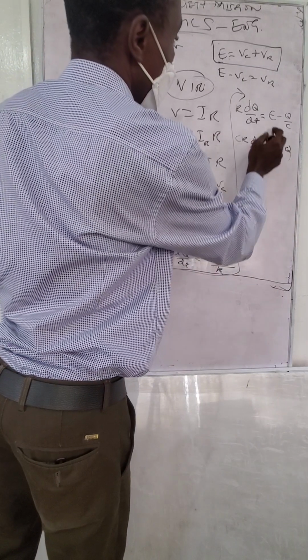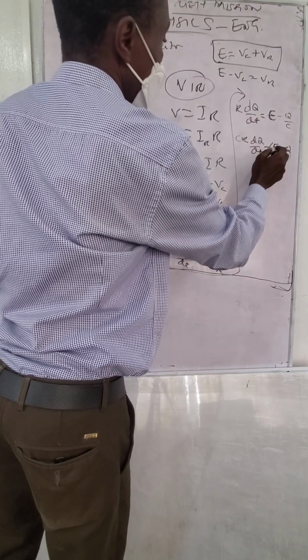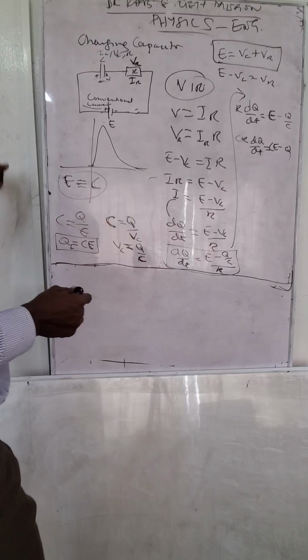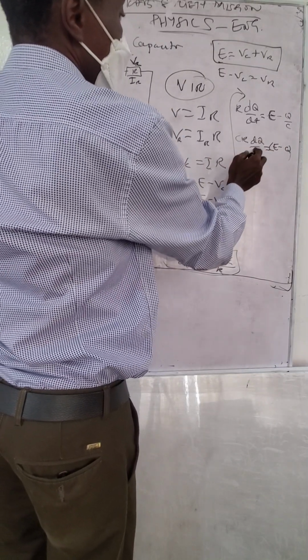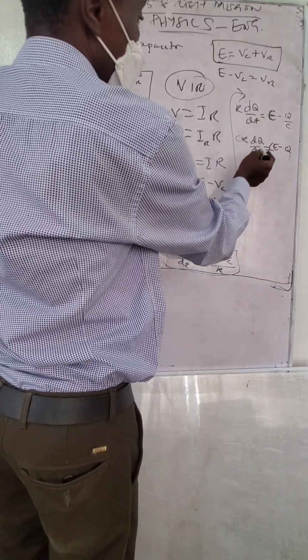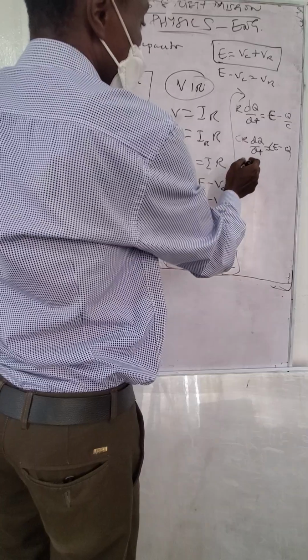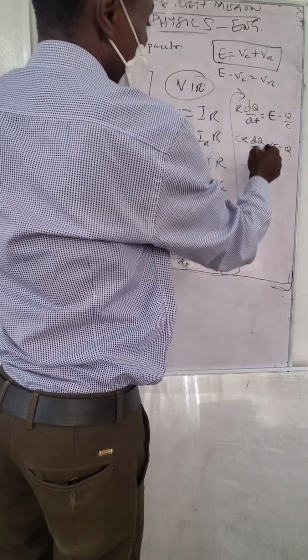Of course, this will become CE, because C will multiply this E too. So it becomes CE minus Q. Now at this point, we have the Q here, so let's bring Q there, and then dt goes to the other side, so that we can sum both sides. So let's bring Q here.